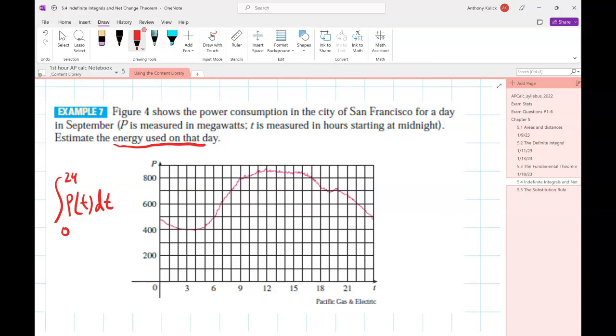What is it really though? Area under the curve. What would I do? I would just count some boxes. So count up all these boxes. That's 4 by 24. So that's going to be 96 of them in there.